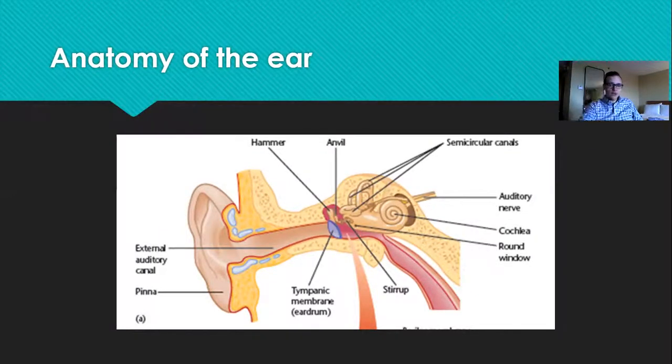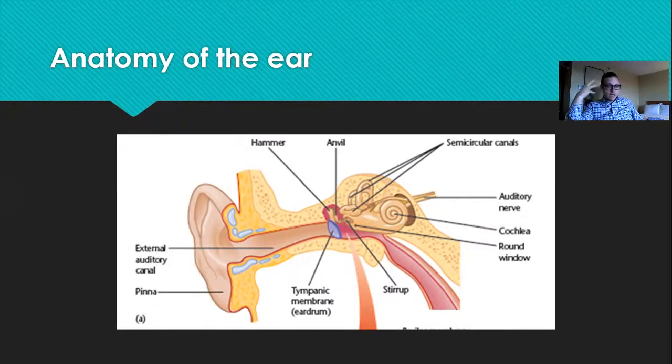The ear canal is the tube that pressure gets routed down. The pinna helps focus those pressure waves down the ear canal. It also helps with echolocation.